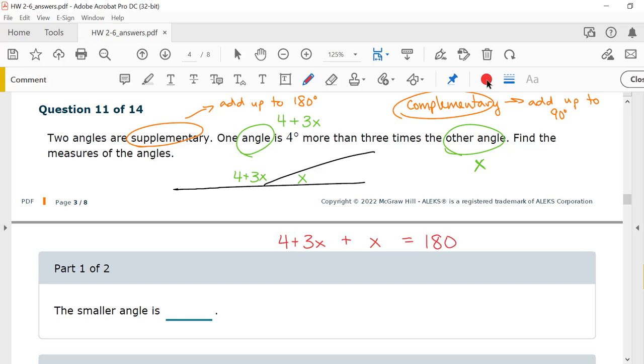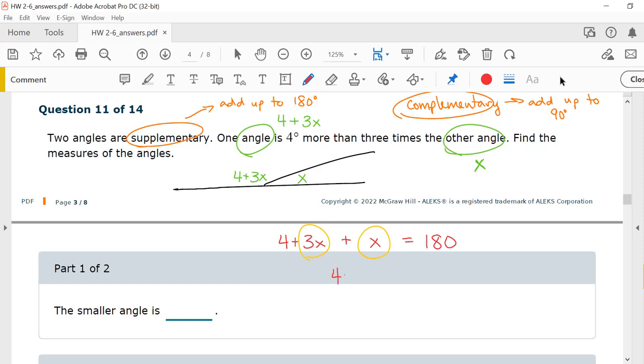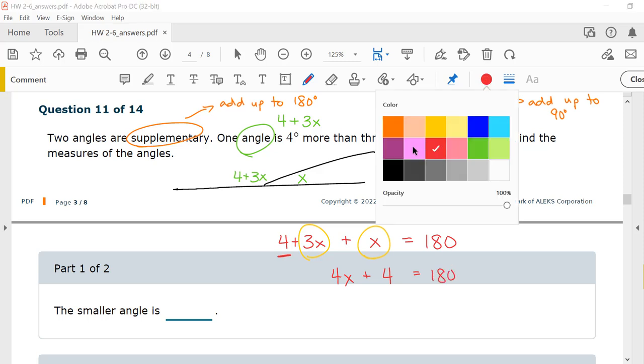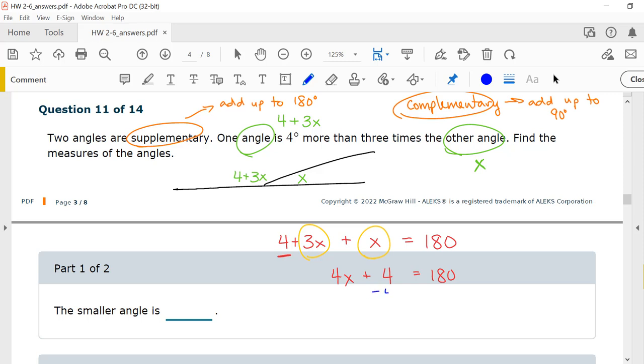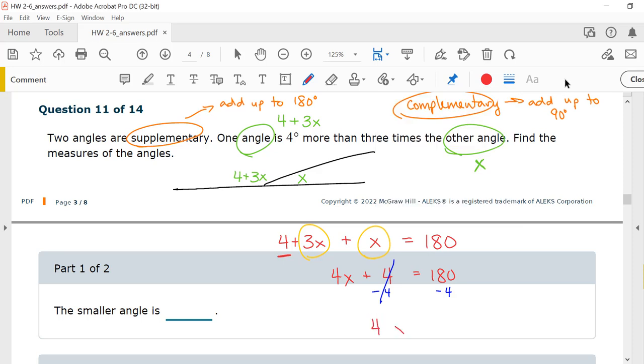Collecting like terms on the left-hand side, 3x plus x gives me 4x. I still have the plus 4 equals 180. Subtracting 4 from both sides, I have 4x equals 180 minus 4, which is 176.